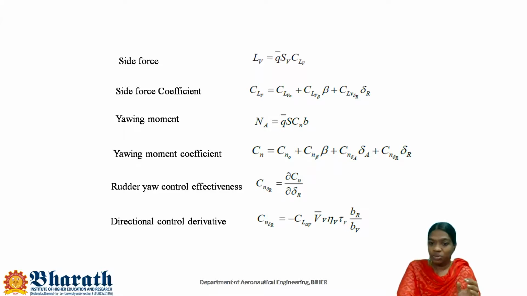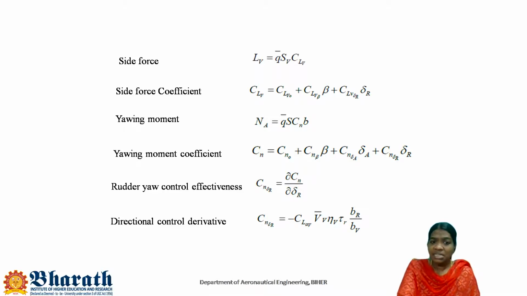That is the size of the vertical stabilizer and the vertical tail moment arm, and it is determined by minus C_Lα_V, the vertical tail lift curve slope, and V̄_V, the vertical tail volume coefficient. How do you represent the vertical tail volume coefficient?